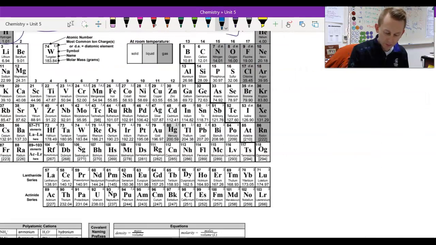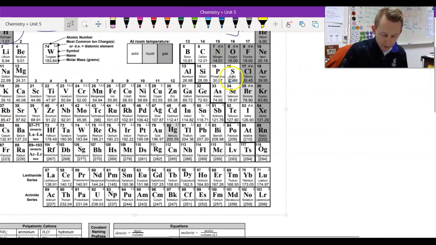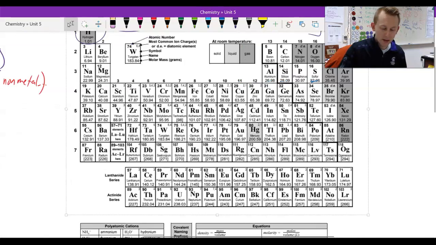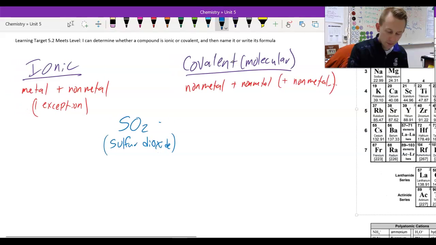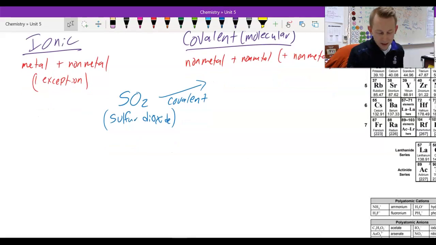Sulfur is right here, and oxygen is right here. Both of these are nonmetals, so that's how we know that this is going to be covalent. If you had the name, the dioxide also gives you a hint.